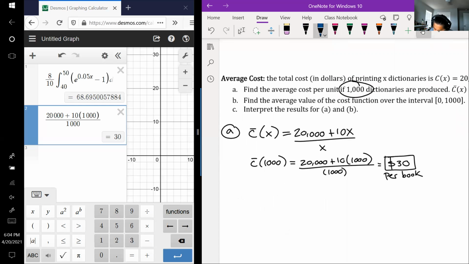So B, we're finding the average value. From the interval above, a is 0, b is 1,000.